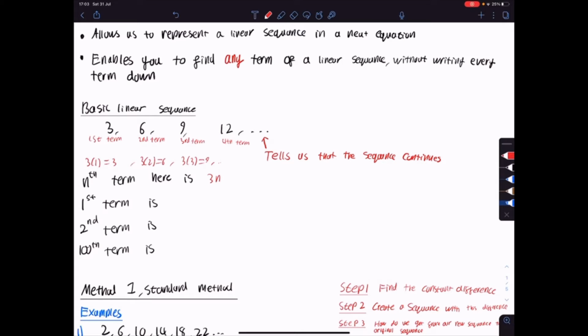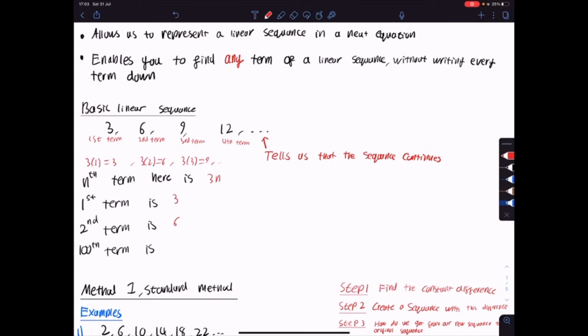As stated above, our first term is just 3, our second term is just 6. But what if we wanted to find the 100th term? Well, we could write down 100 different numbers of this sequence, but that would take far too long. So what we can just do is use the nth term which I provided here.